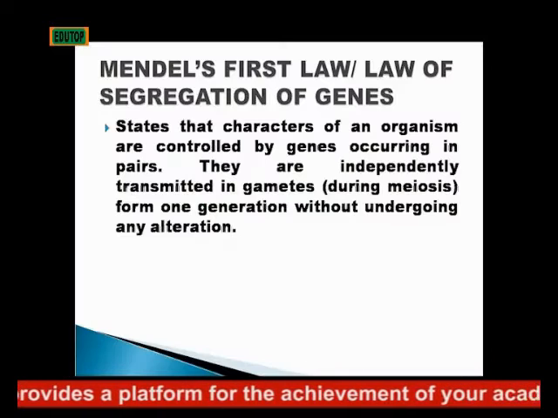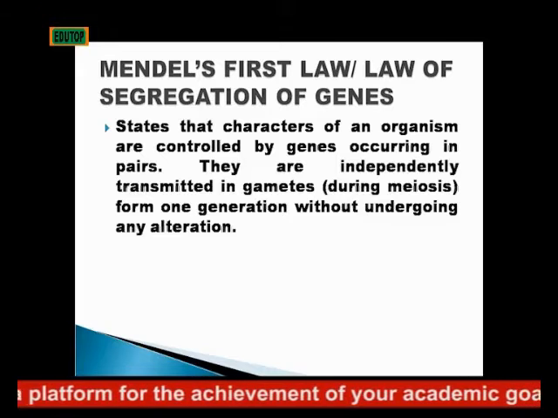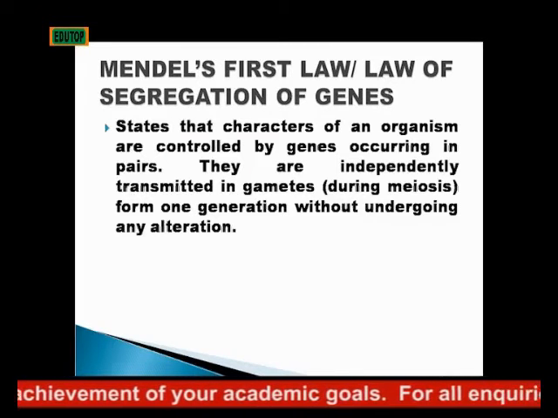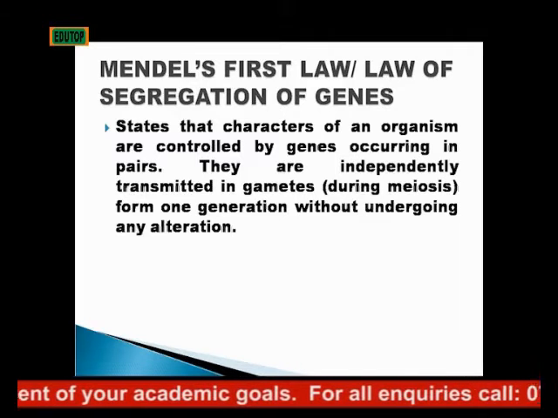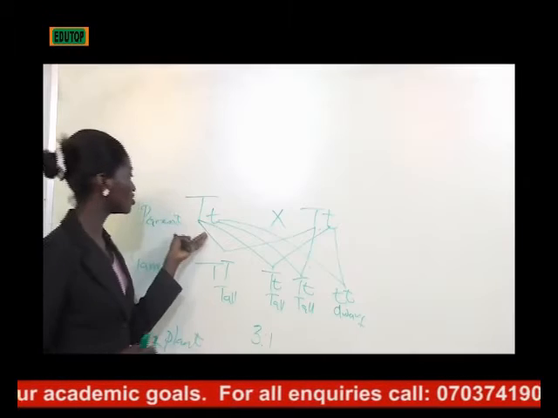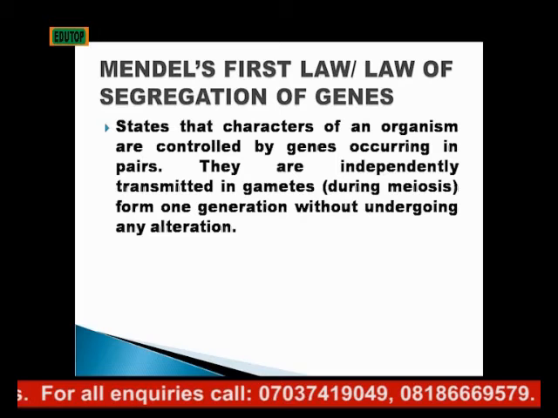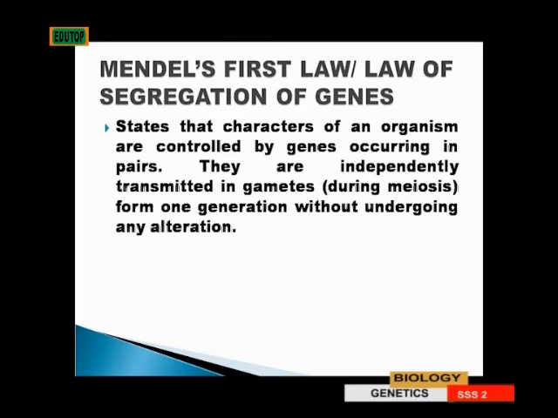Mendel's first law is the law of segregation of genes, and it states that characters of an organism are controlled by genes occurring in pairs. So you see they are in pairs, not just one. Then they are independently transmitted in gametes during meiosis from one generation to the next without undergoing any alteration.